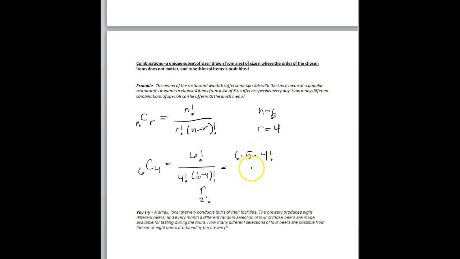What's really going on is 6 times 5 times 4 times 3 times 2 times 1, but for the purposes of cancellation, I have this other factorial on the bottom. So I'm just going to cancel 4 factorial and 4 factorial. What we get is 30, which is 6 times 5, over 2. And that equals 15. Okay, so that was our example.